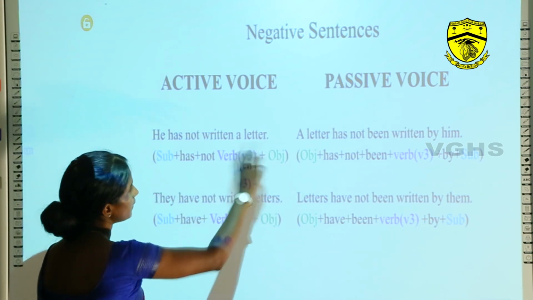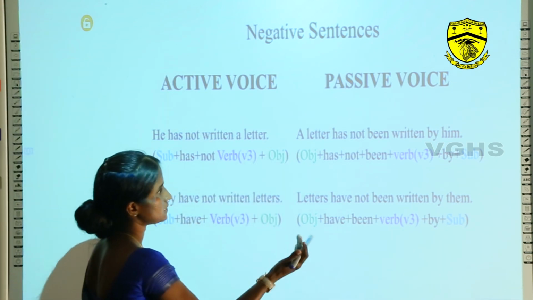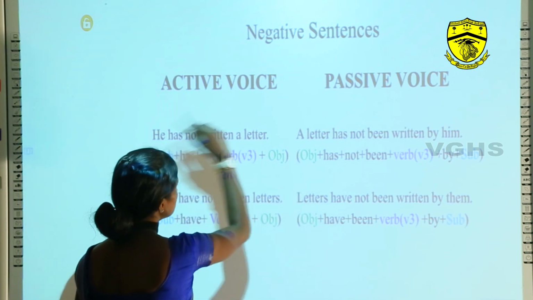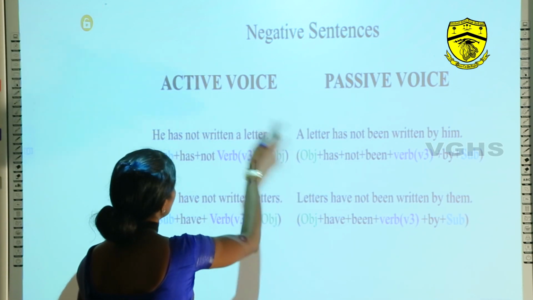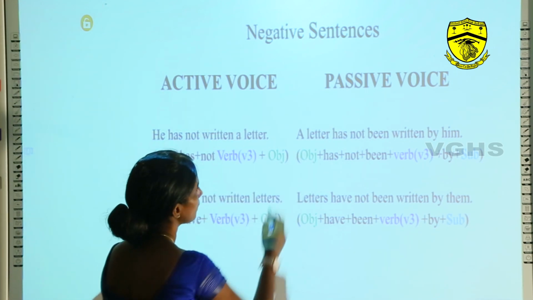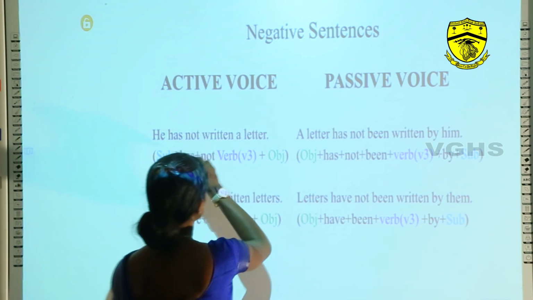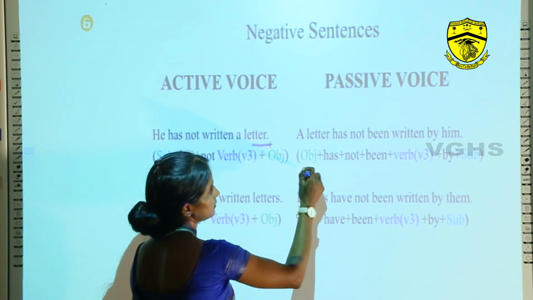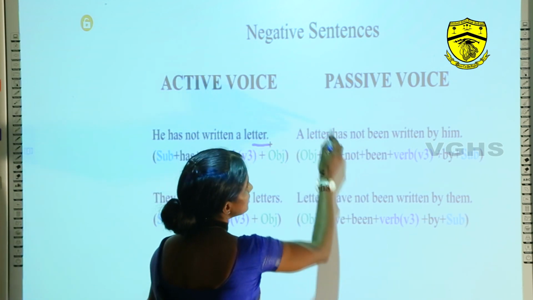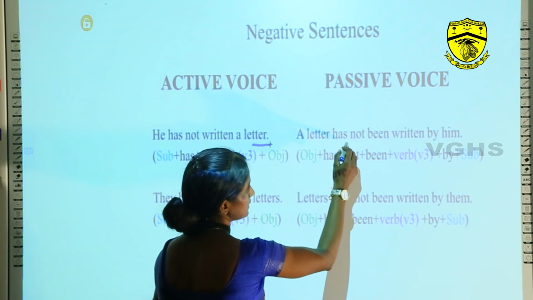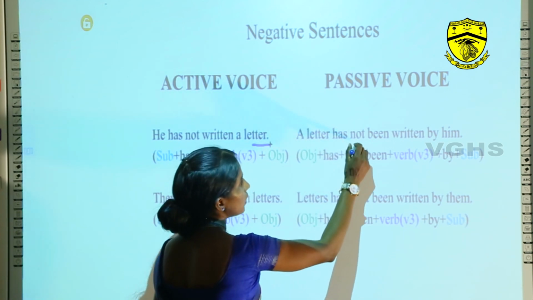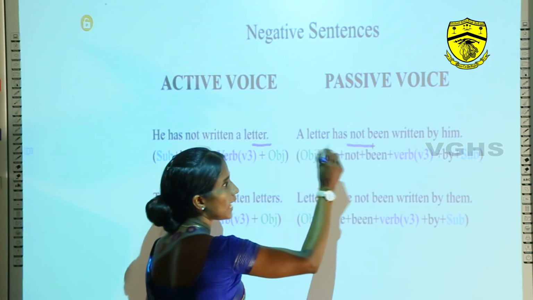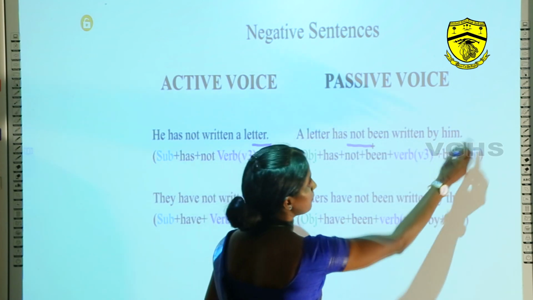When we change into the passive, as we already studied, the subject comes as the object and the object comes at the place of the subject. A letter, the object, comes here as the subject. The letter is singular, so we put has. A letter has not been, this is the negative form. A letter has not been written by him.